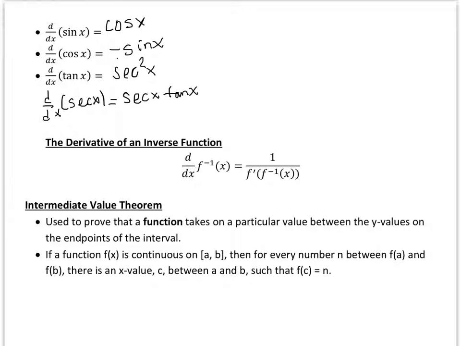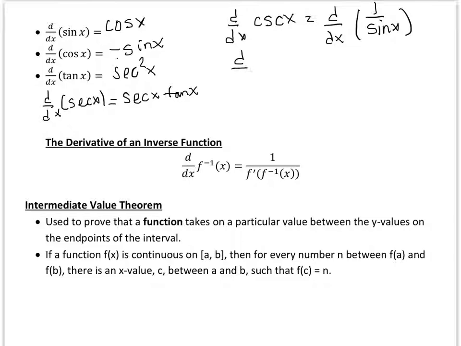You may be asked for the derivatives of other trig functions, so you need to know the relationships. If you're asked for the derivative of cosecant, you would just want to rewrite cosecant as 1 over sine and use quotient rule.